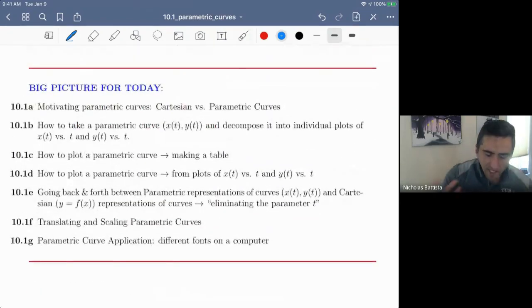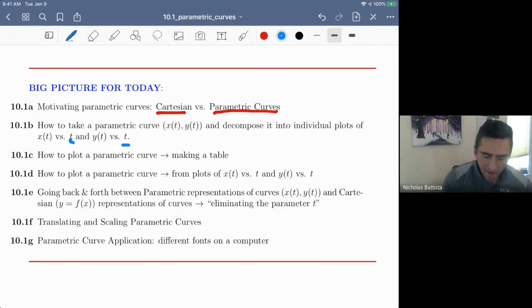In today's videos, we'll discuss the differences between parametric curves and what we call Cartesian curves, or Cartesian functions, where we have direct relationships between a variable x and a variable y. We're going to learn how to take a parametric curve and decompose it into individual functions of x versus t and y versus t, where t is the parameter.